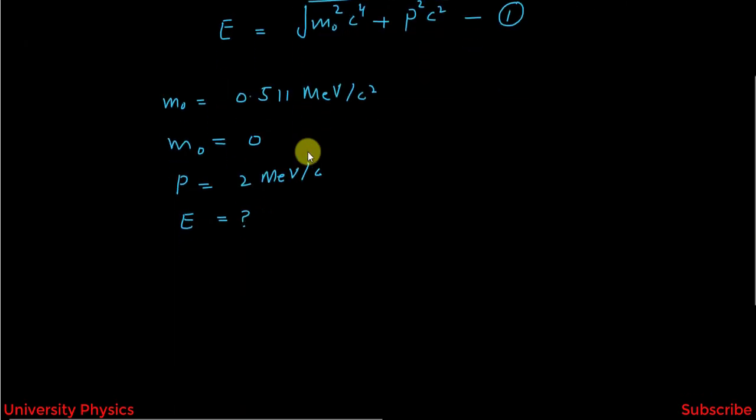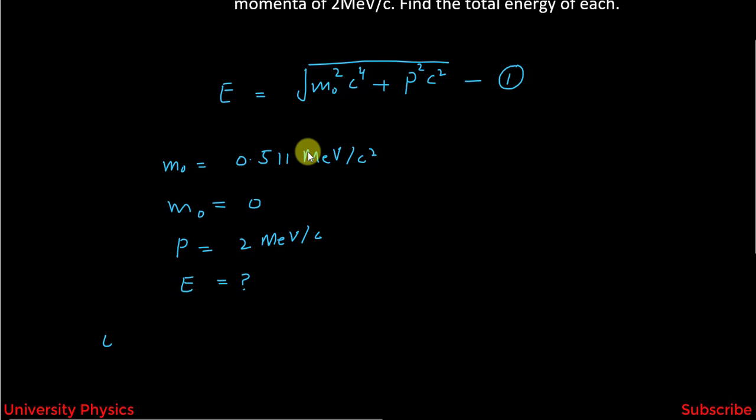First we have to find the total energy of the electron. For this we use equation 1, so we need to put the values in equation 1.